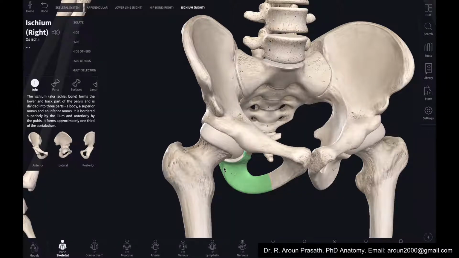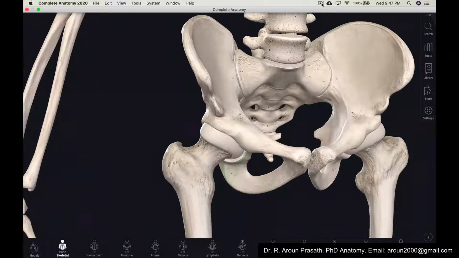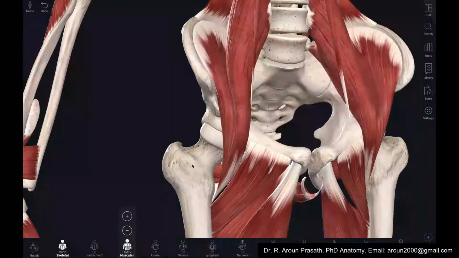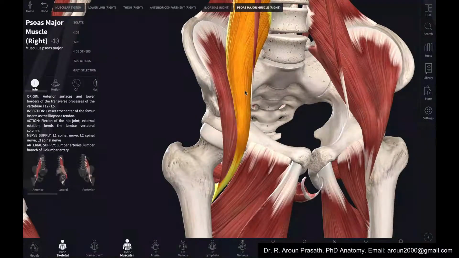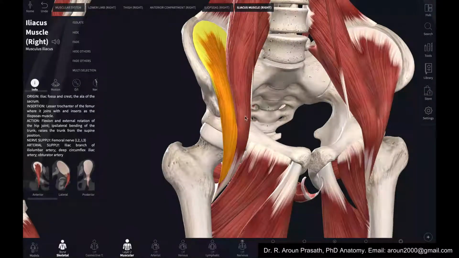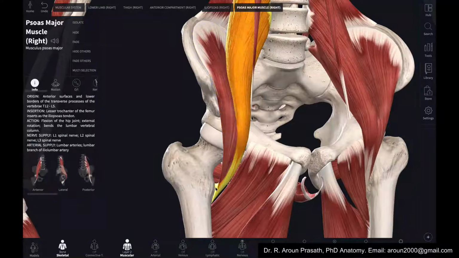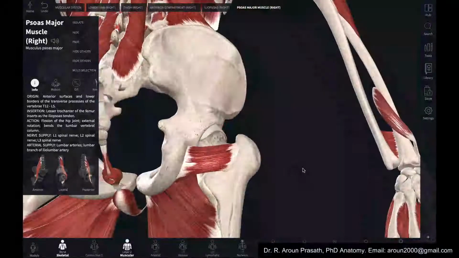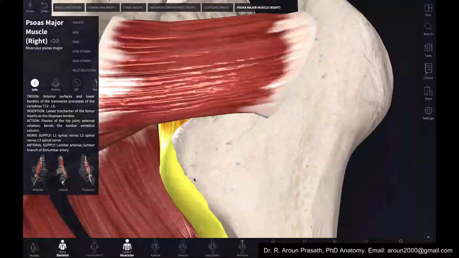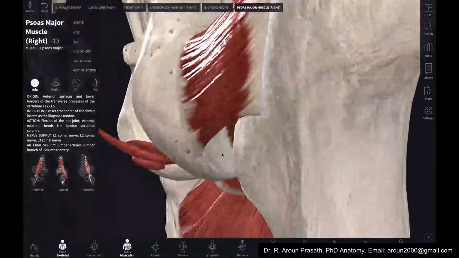The first movement is flexion. The primary muscle of flexion is the iliopsoas, a combination of the psoas and the iliacus muscles. Both form a common tendon, the iliopsoas tendon, which inserts into the lesser trochanter of the femur.